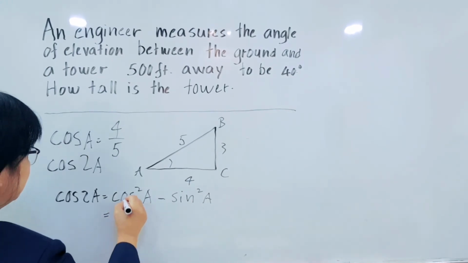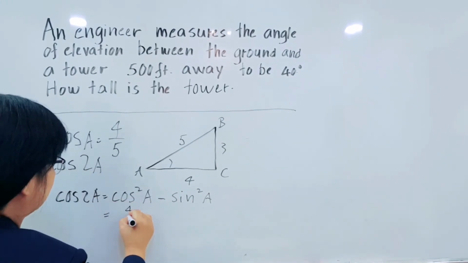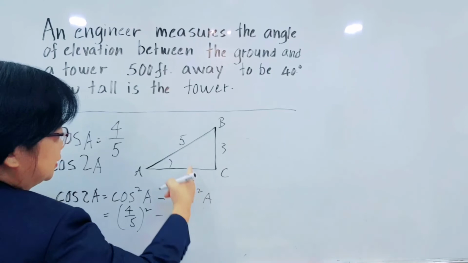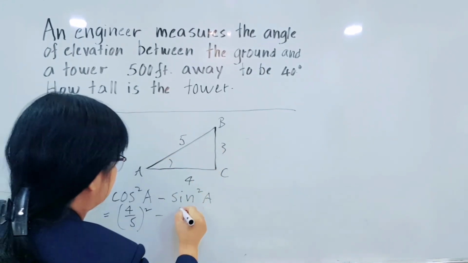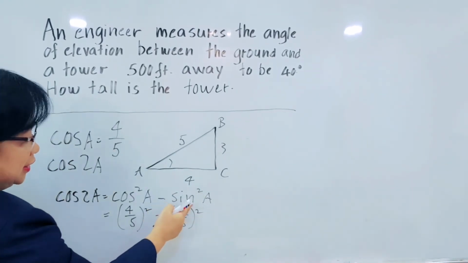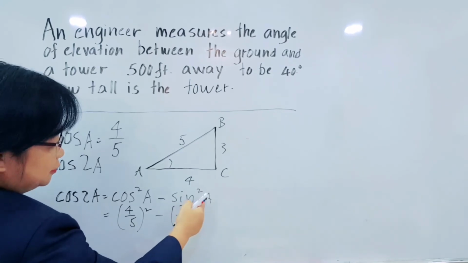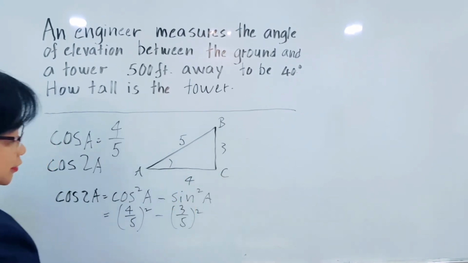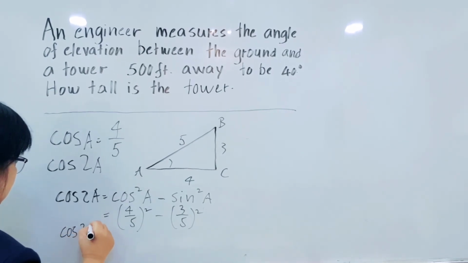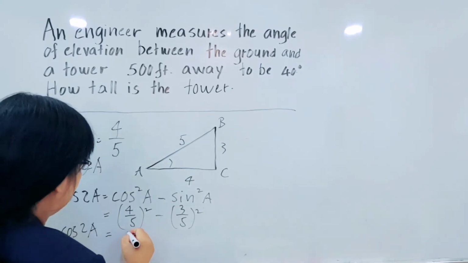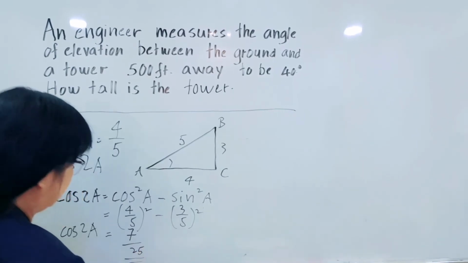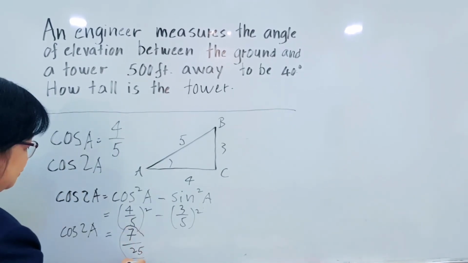Therefore, cosine 2A is equal to cosine A, which is 4 over 5, raised to the power 2, minus sine A, which is 3 over 5, squared. Sine squared A is sine A raised to the power 2. It's the same. Therefore, the answer is cosine 2A is equal to 7 over 25.